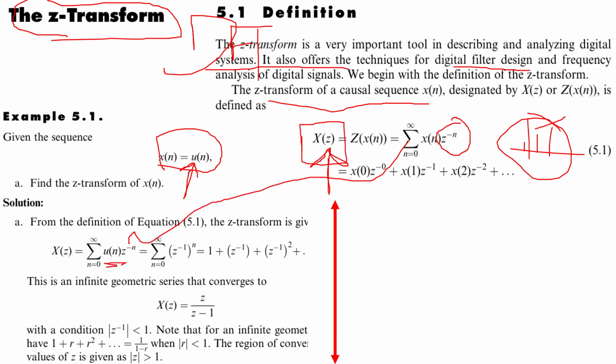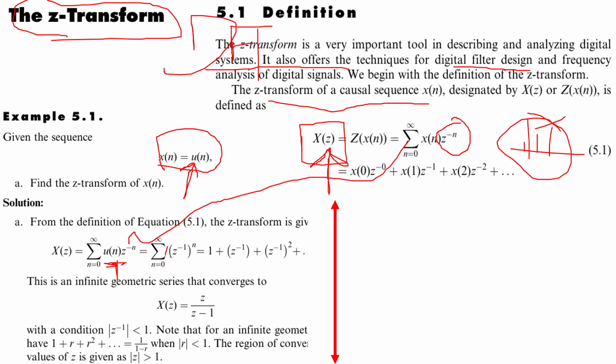Instead of x of n, just replace u of n, and then z to the power minus n, with n from 0 to infinity. Now u of n is nothing but 1, so we can write 1 times z to the power minus 1, to the power n.